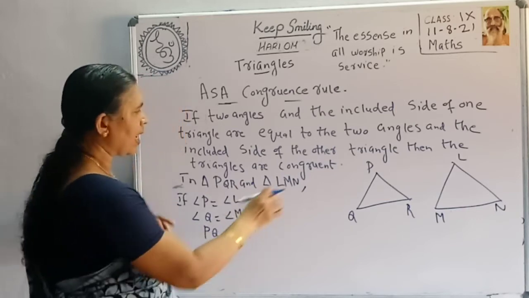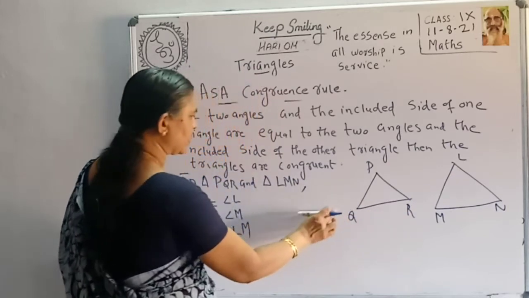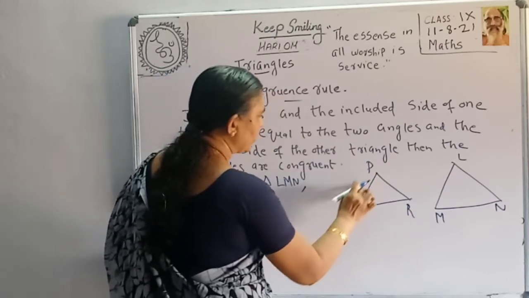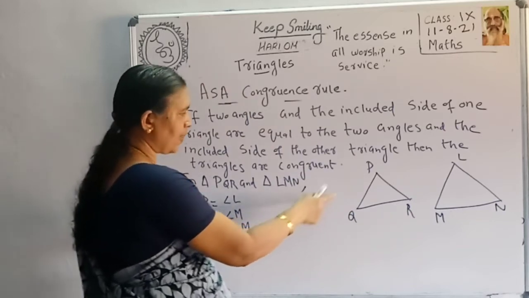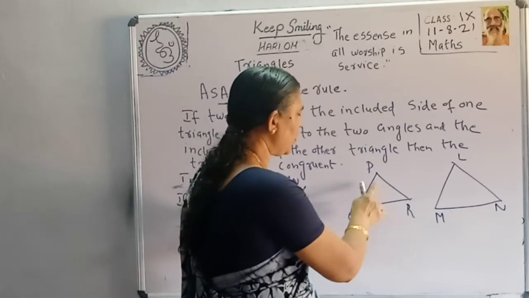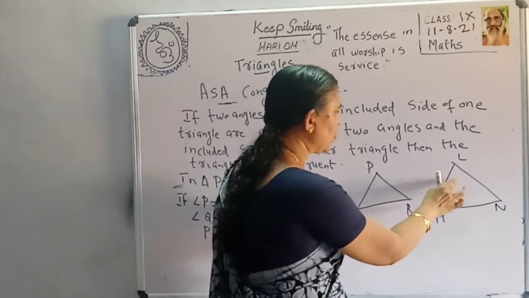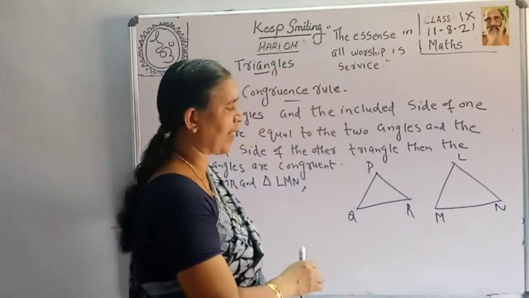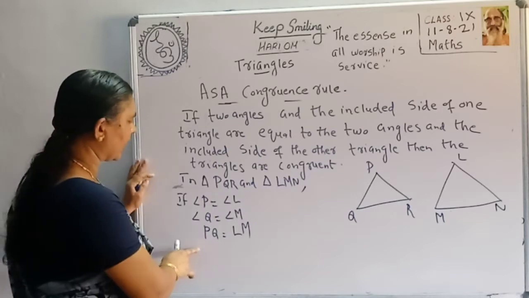Then look here, angle P is equal to angle L, angle Q is equal to angle M. These two angles are equal. And then PQ is the included side of angle P and angle Q, and LM is the included side of angle L and angle M. So two angles and the included side of this triangle are equal to the two angles and the included side of the other triangle. So therefore we can say that by ASA congruence rule, these triangles are congruent.